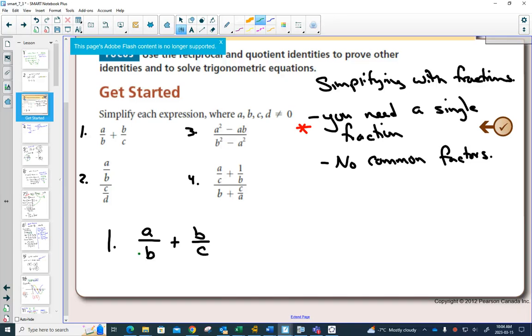Well, this one, if it had a c, and if this one had a b, then my denominators would both be like this, bc. But in order to add a b on the bottom, or a c on the bottom, you'd also have to multiply the top.